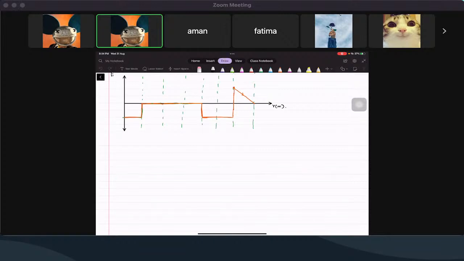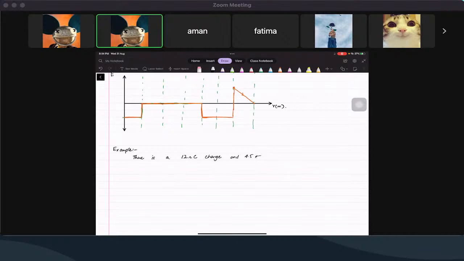So for the very first question, an example, it says that there is a 12 nanocoulomb charge and 4.5 nanocoulomb. Oh, sorry.